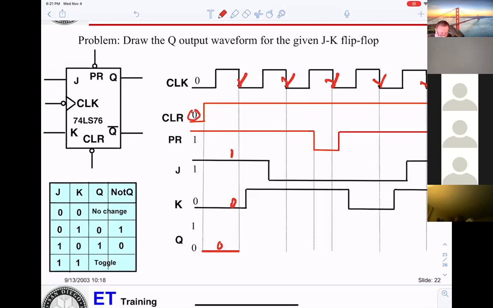J1, K0, Q equals 1. Okay? And it will be 1 until the next transition.